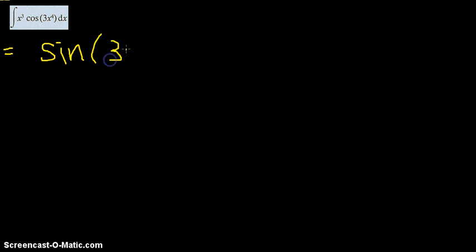In order for me to get cosine of 3x to the power 4, when I differentiate sine of 3x to the power 4, I'll get this part. However, we have a polynomial. This part is a polynomial in a trig function.